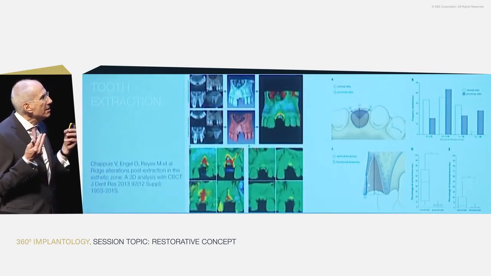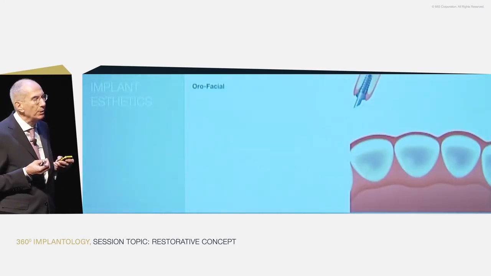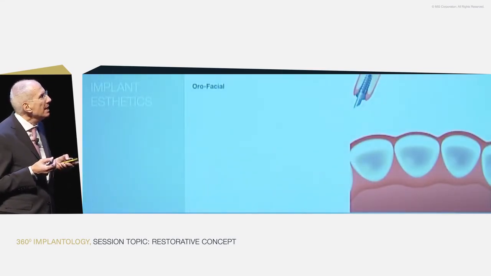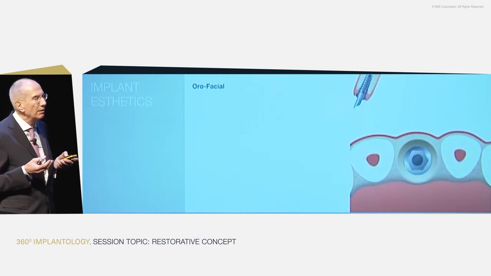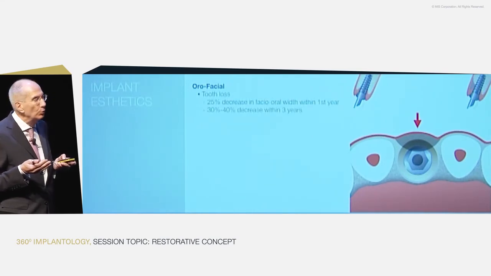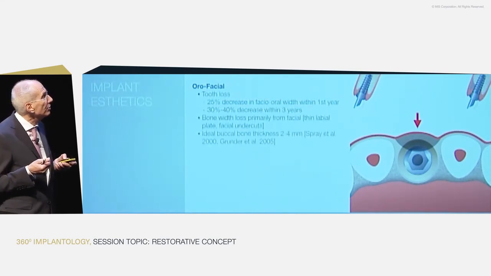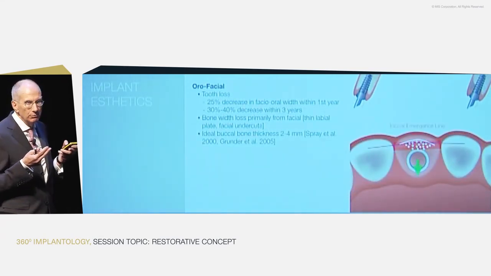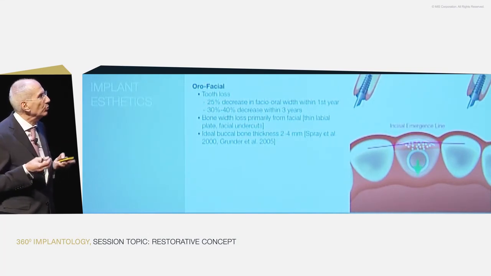As we have seen this morning, the big problem is that we are losing bone, and we are dealing with the loss of bone. We have to compensate for the bone, to build it up, and do all these surgical procedures to get the minimal soft tissue that is necessary to have restoration that is looking aesthetically.